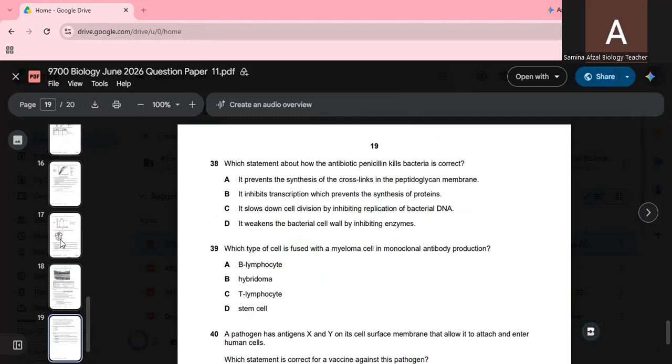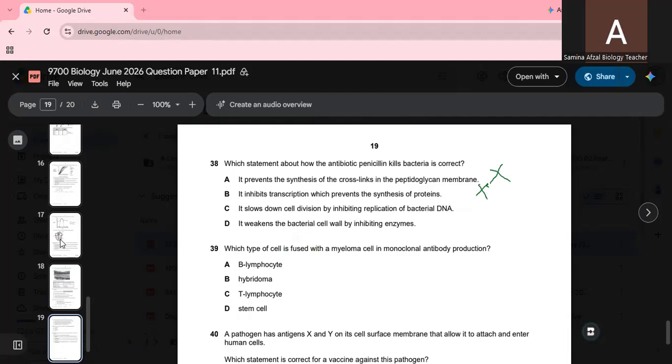It prevents the synthesis of the cross links in the peptidoglycan membrane. It inhibits transcription, which prevents the synthesis of protein. Again, not correct.